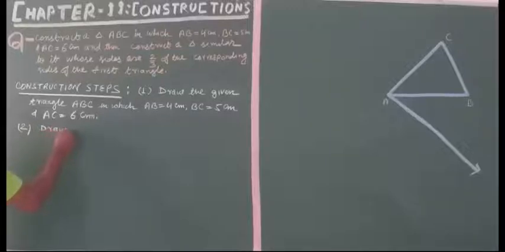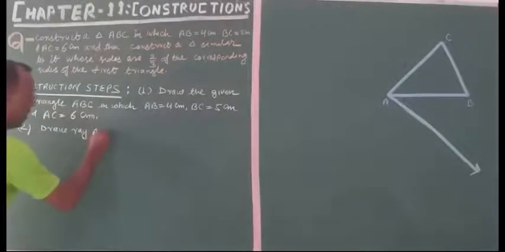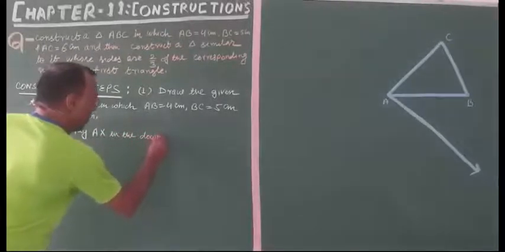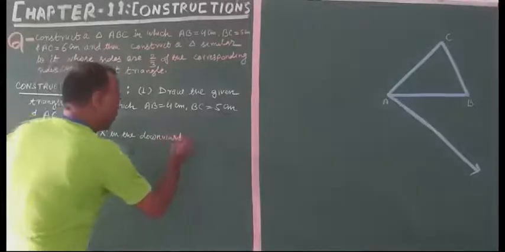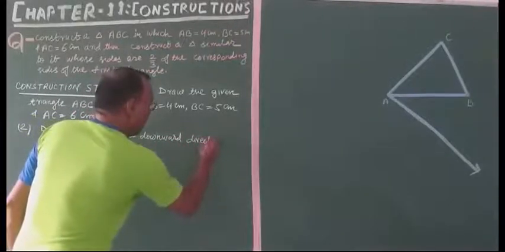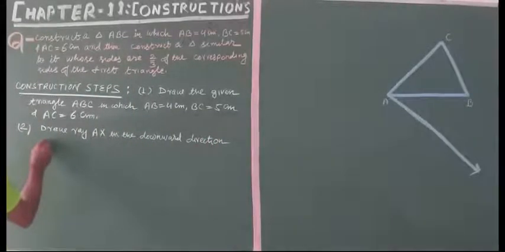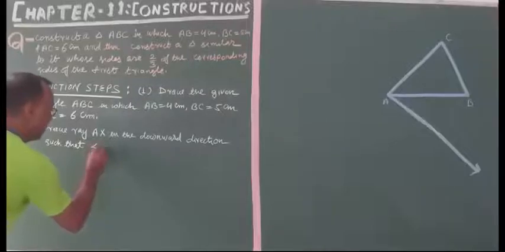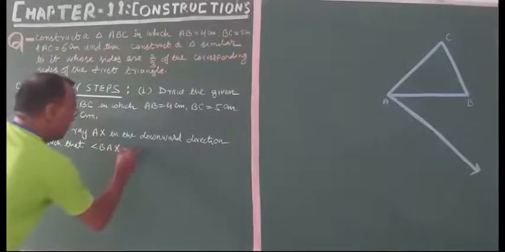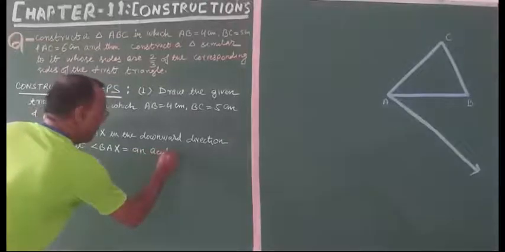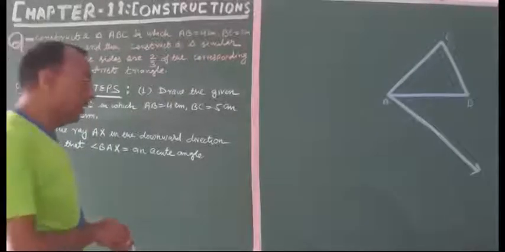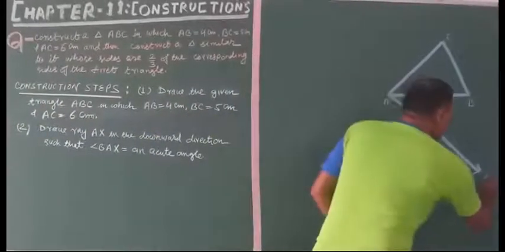Draw ray AX in the downward direction, such that angle BAX is an acute angle. Is it there?